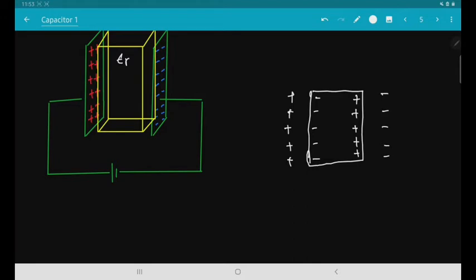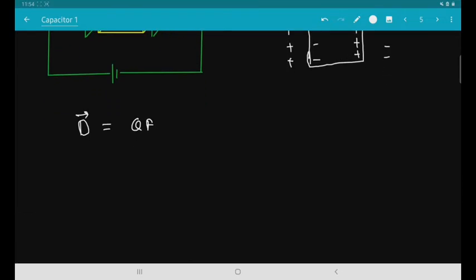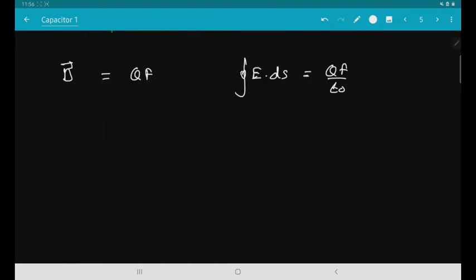So we can use the Gauss law which we have derived for dielectrics. According to the Gauss law for dielectrics, the displacement vector integrated over a closed surface, that is the closed surface integral of D dot dS, is equal to QF.